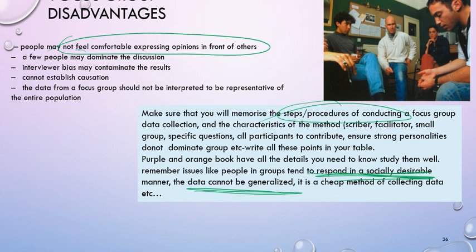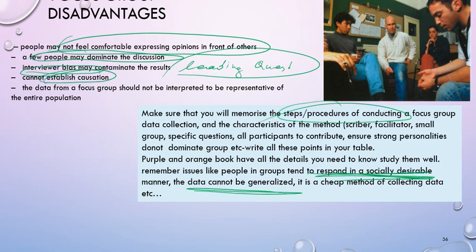There are sometimes people who dominate the discussions. I'm one of them. I cannot stop talking. There could be an interviewer bias that can contaminate the results, so leading questions can be given or the discussion stopped from going other ways. And the major one is, because it's a small group, we cannot establish causation. Okay, we just see the effect.